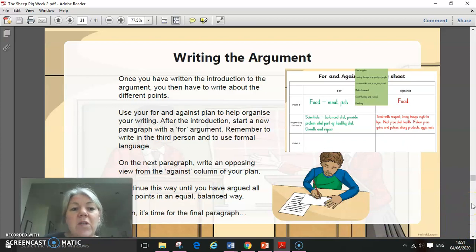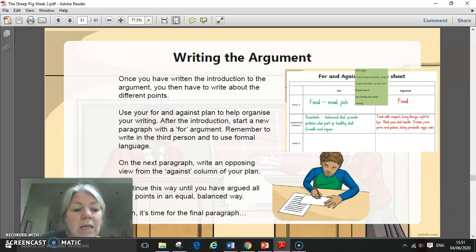Now, we've done the introduction, so we're going to have to use our plan now, and here's mine next to me for when I'm writing. We're going to use this plan to organise our writing. I can see on my plan here I've got point 1, and underneath point 1 I've got the supporting evidence, and on the other side of the argument, against, I've still got the same point, that doesn't change, but I've got some evidence against the argument here.